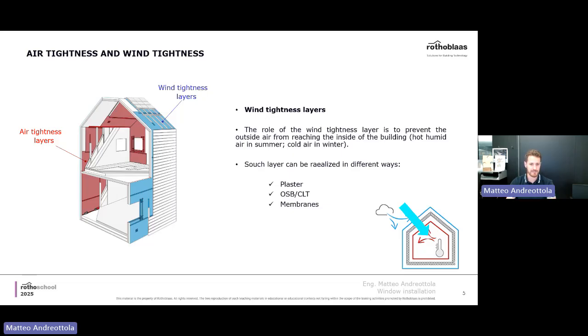Then obviously, last but not least, we have membranes, which are always airtight. Every single membrane is waterproof and airtight. This is a common rule. Obviously, it's like buying a jacket. If you buy a jacket for the outdoors, they might all be waterproof, but there are some that are more waterproof than others.